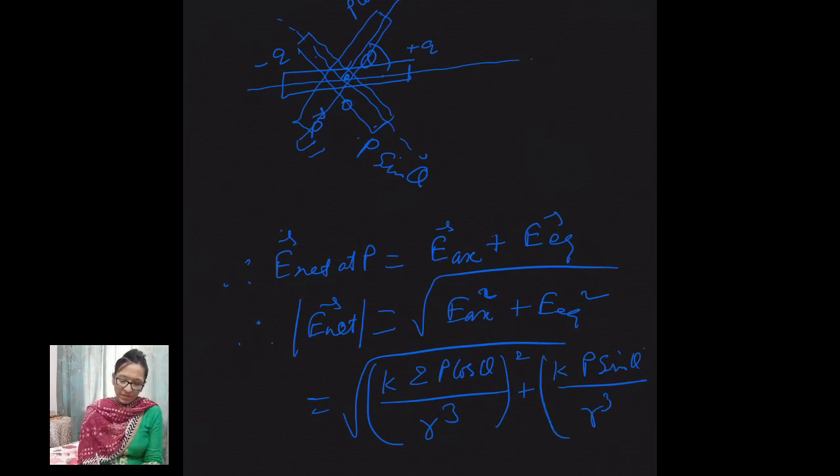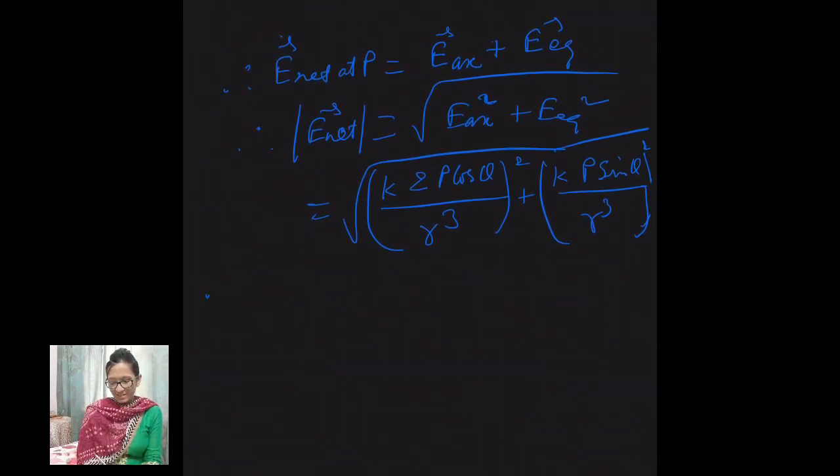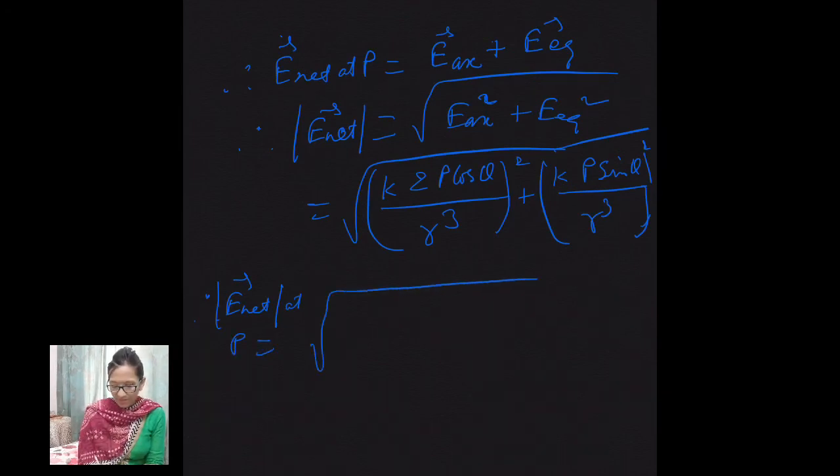So what will be the process? As we know that dipole moment is a vector, so this vector can be resolved into two vectors. Let there be a dipole moment component along this direction of OP, and that will be P cos theta.